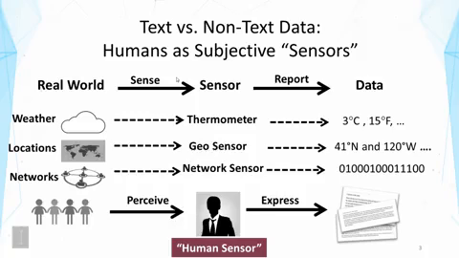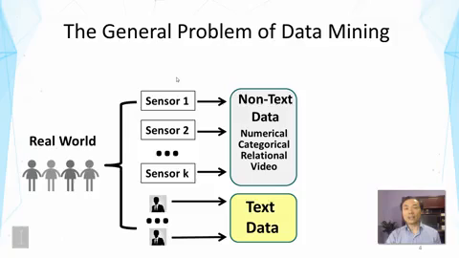So in this sense, human is actually a subjective sensor that would also sense what's happening in the world and then express what's observed in the form of data, in this case, text data. Now, looking at the text data in this way has the advantage of being able to integrate all kinds of data together, and that's indeed needed in most data mining problems.